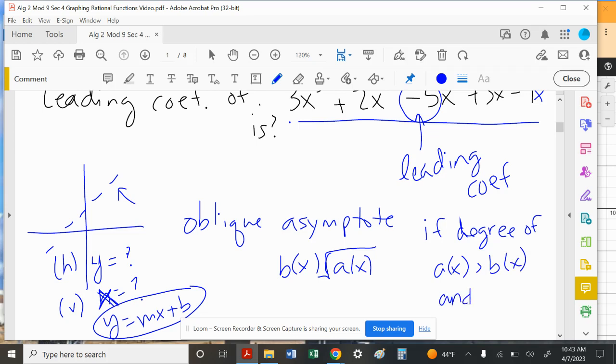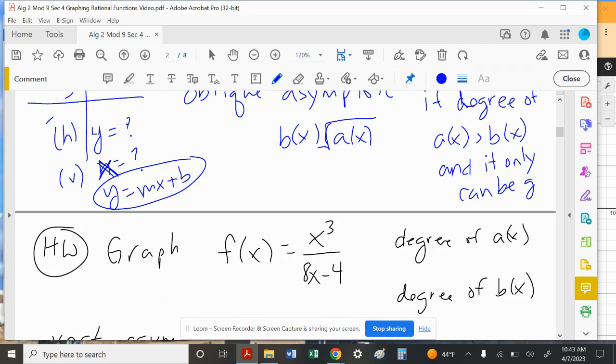And it can only be greater by 1. So only if a of x is 1 degree larger than b of x.